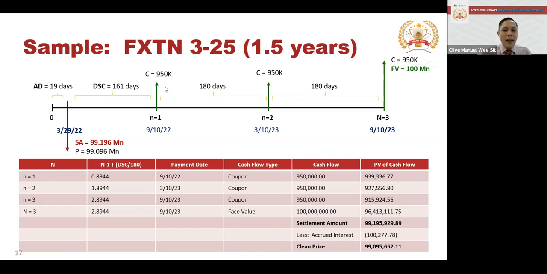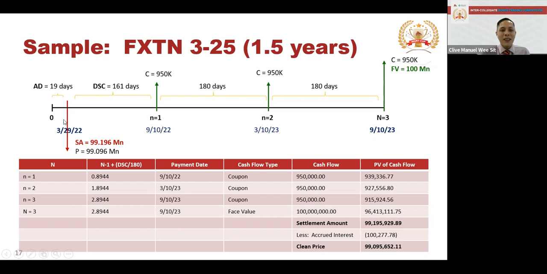Now, it's important to note that although our ends here are whole numbers, just like in what we've been learning in our basic finance classes in time value of money, where we can use n equals 1, n equals 2, and n equals 3 as our exponents to our denominator in the formula, that is assuming we bought this bond on the coupon payment date, the last coupon date, which was March 10, 2022.